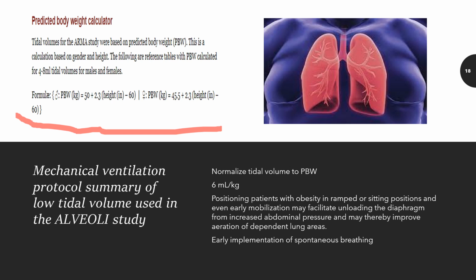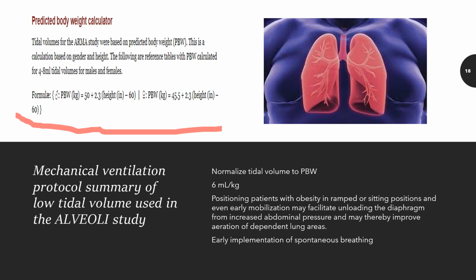If you position the patient in a ramped or sitting position, it unloads the diaphragm and decreases the abdominal pressure, and it can improve aeration of dependent lung fields. So basically, don't put an obese patient flat on their back, because their abdomen will be pushed up, their fat will be pushed up against the diaphragm, and it impedes ventilation.